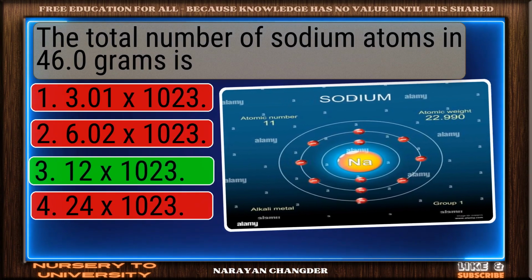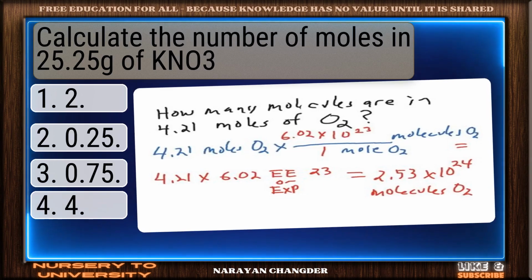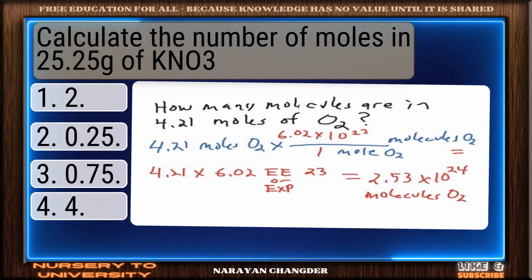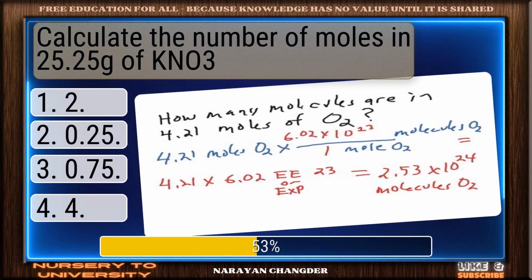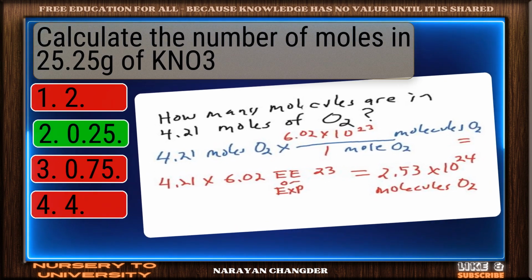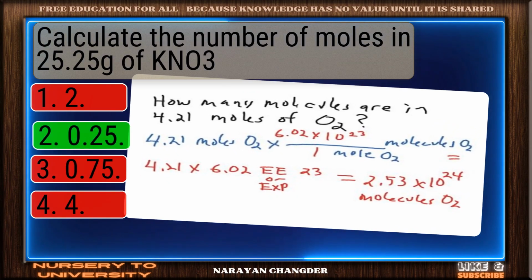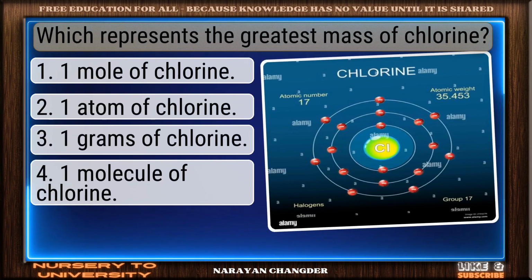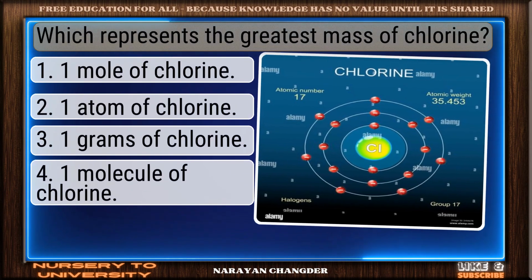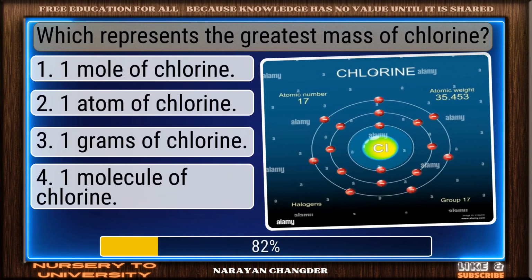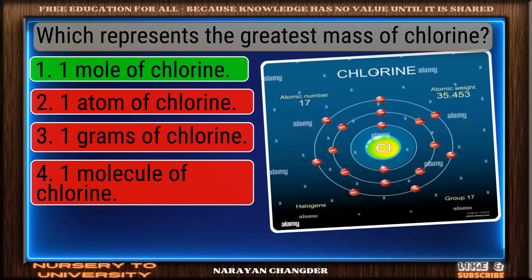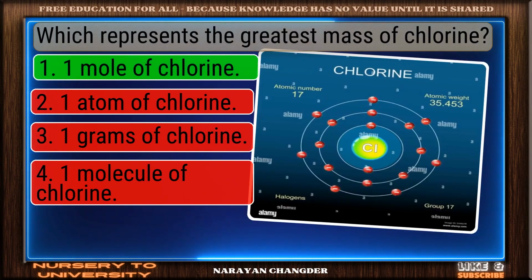You chose 12x10^23 and it is correct. Calculate the number of moles in 25.25 g of NO3. Well reasoned. 0.25 is the correct choice. Which represents the greatest mass of chlorine? Solid response. 1 mole of chlorine is a valid choice.